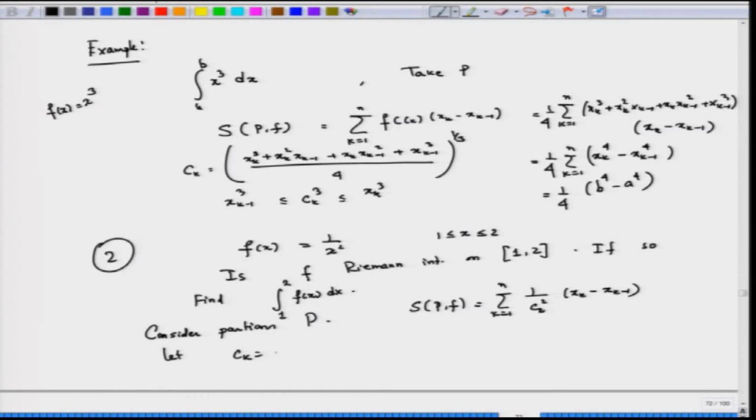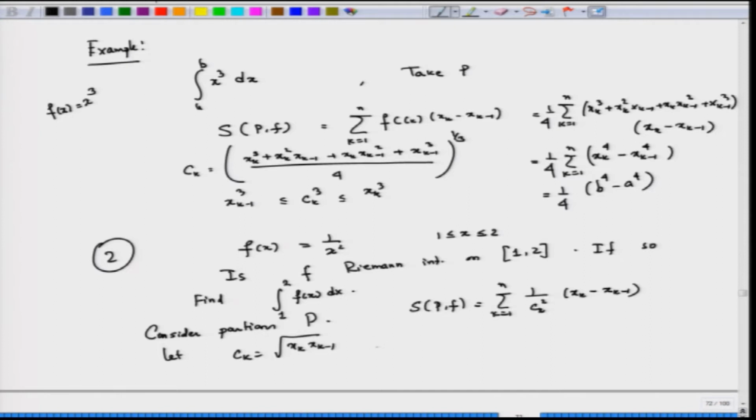So, let us take c_k to be the square root of x_k times x_{k-1}. This is a partition of 1 and 2, so all these are positive numbers, and we do not have any problem in taking the square root.